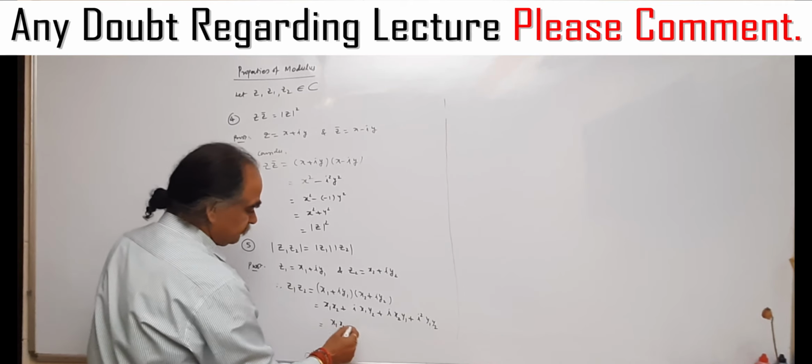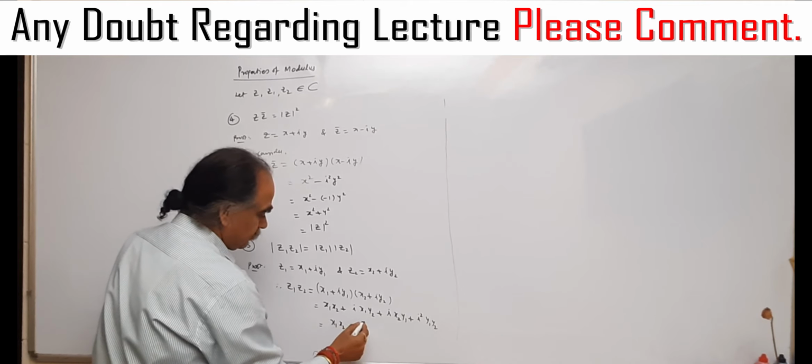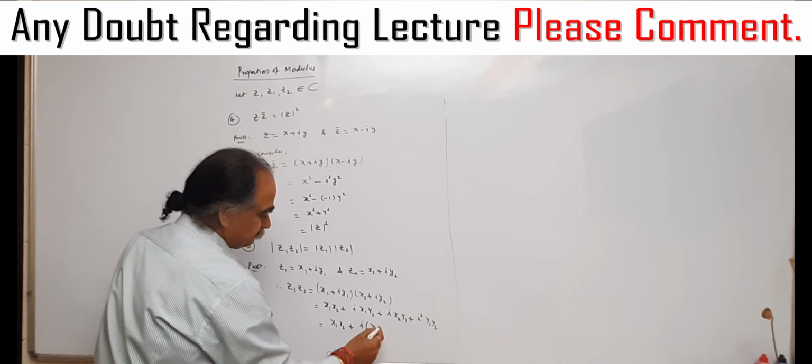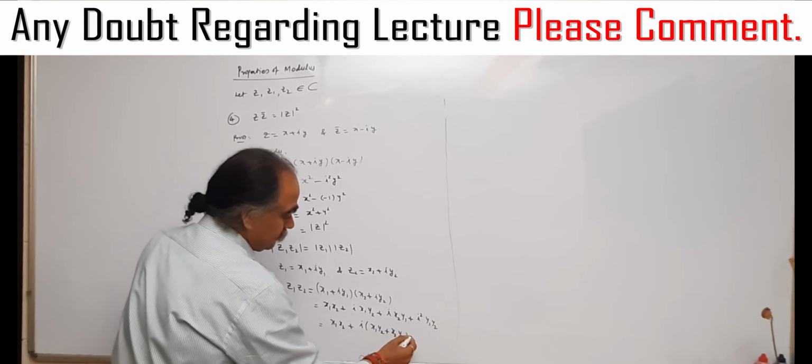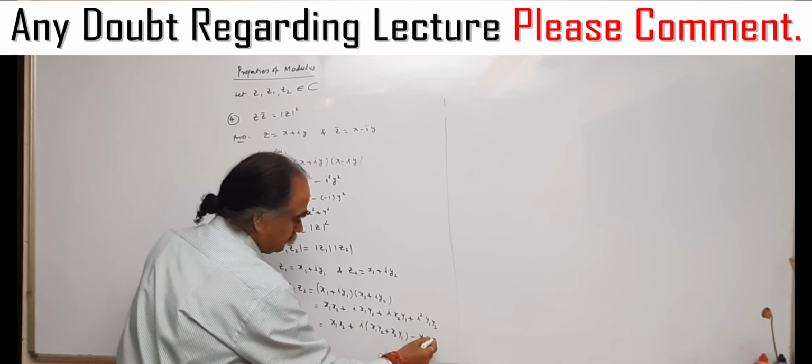That is x1 x2 plus i common x1 y2 plus x2 y1, minus y1 y2.